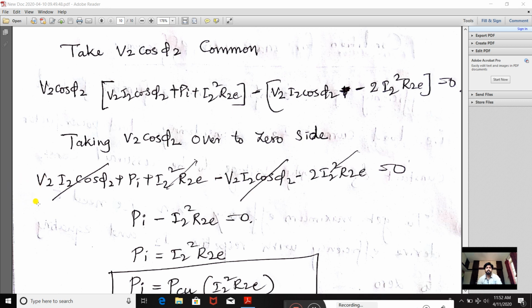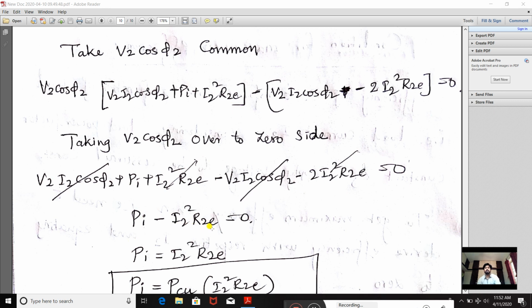Now this plus V2 I2 cos phi 2 and this minus V2 I2 cos phi 2 cancel each other. Here I2 square R2E is there and here 2 I2 square R2E is there, so one is cancelled. So what is remaining? Pi minus one I2 square into R2E is remaining.